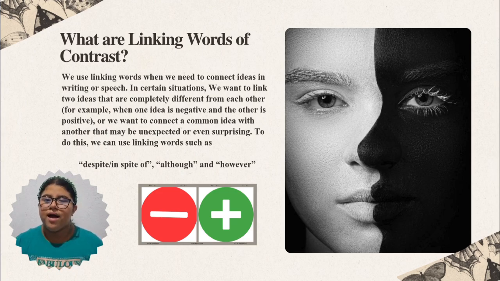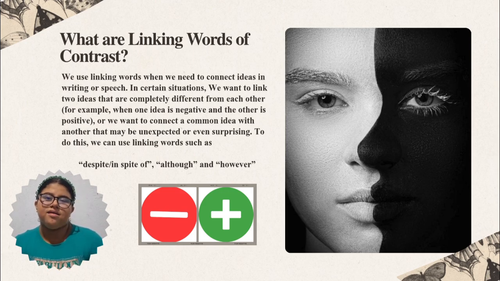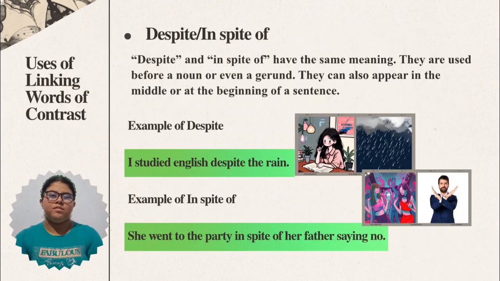Or we want to connect a common idea with another that may be unexpected or even surprising. To do this, we can use linking words such as despite or in spite of, although, and however.